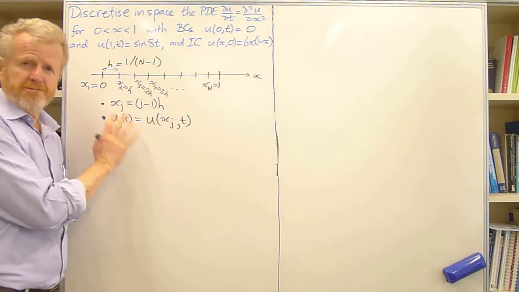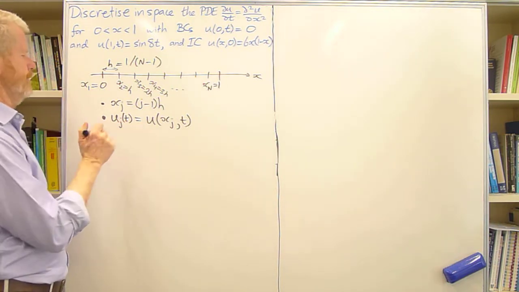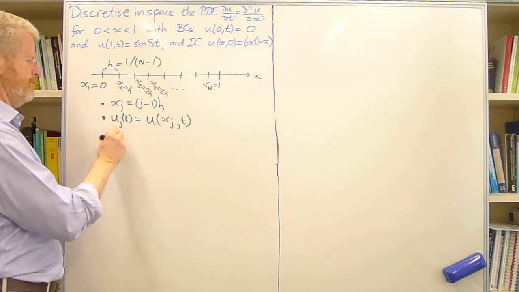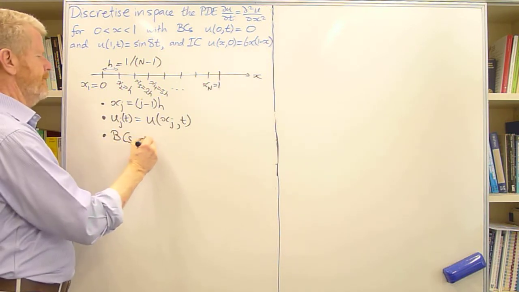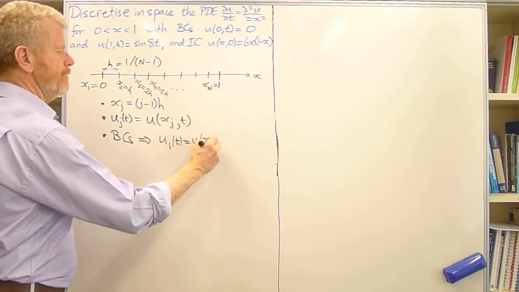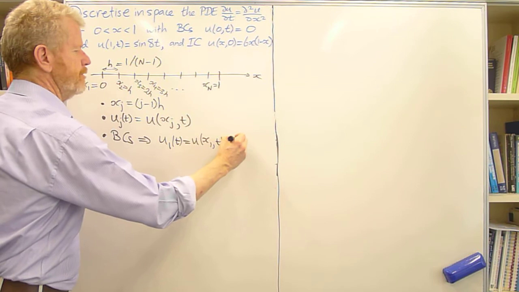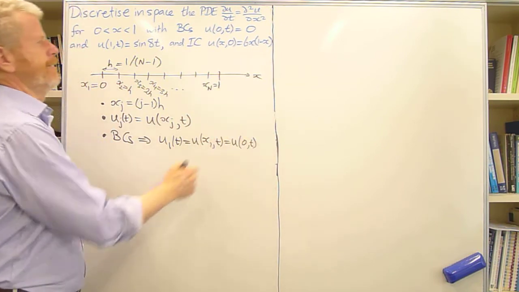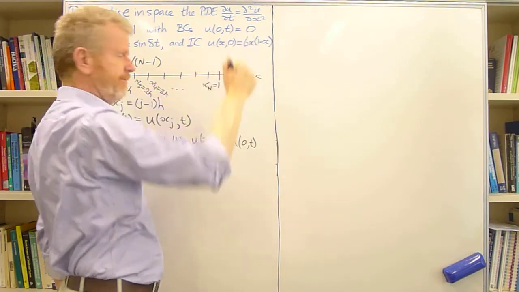Now, two of these we know already, and that's very important, and that is, by the boundary conditions, we know that u1(t), which is u(x1, t), which is u(0, t), from the given boundary conditions, that's 0.